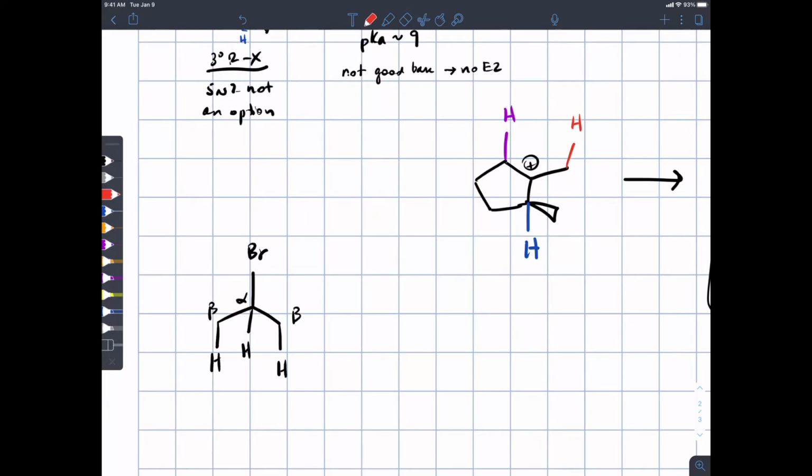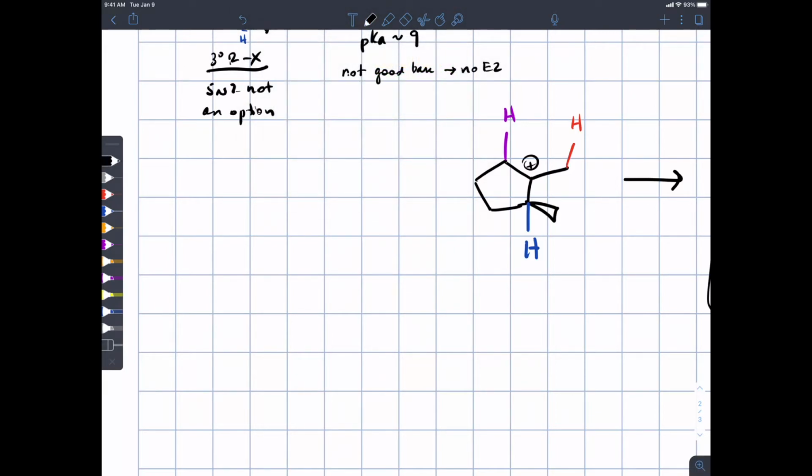There's no place for the electrons to go to kick off that leaving group. You might think, can I do that? Well, fine, but where's the other lone pair on the bromine going to go now? So no, the protons alpha to the leaving group aren't participating in an elimination reaction.